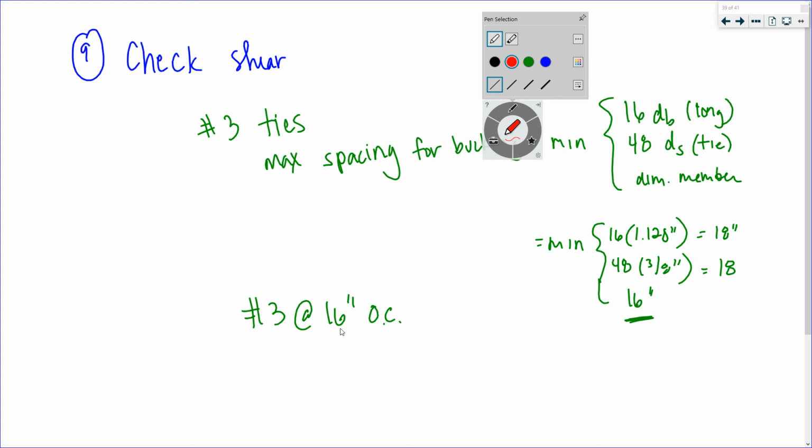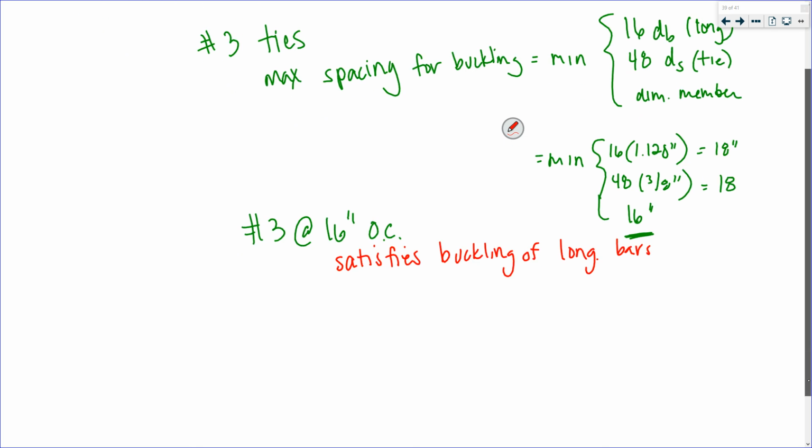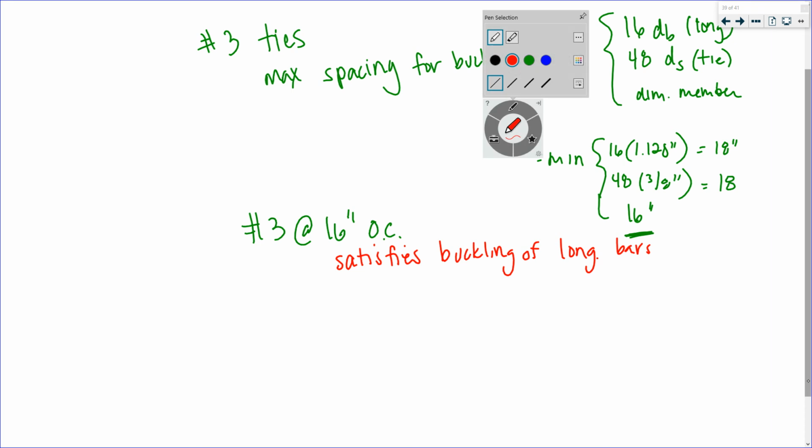This satisfies buckling of the longitudinal bars. Now my shear, how much can I get from my concrete?